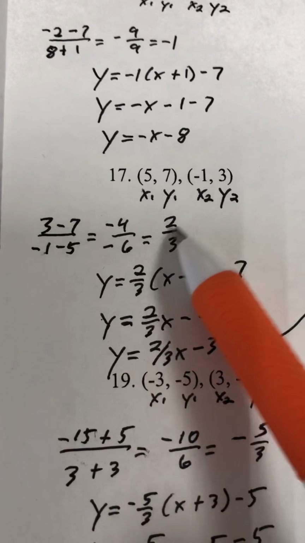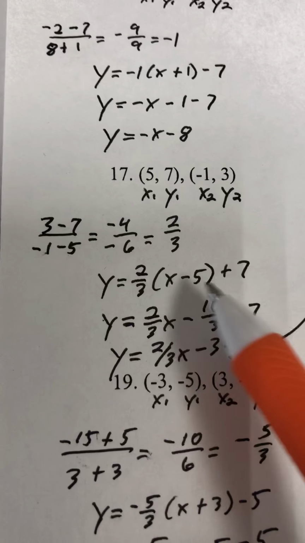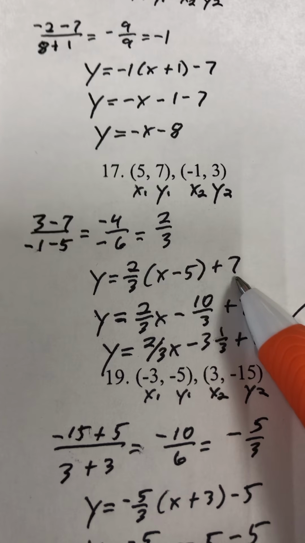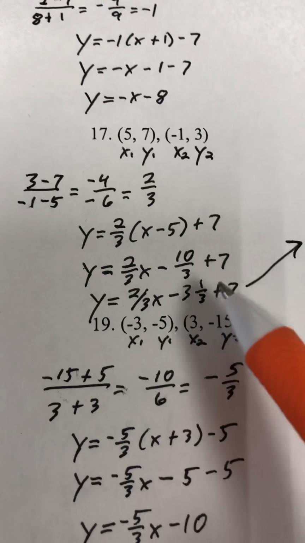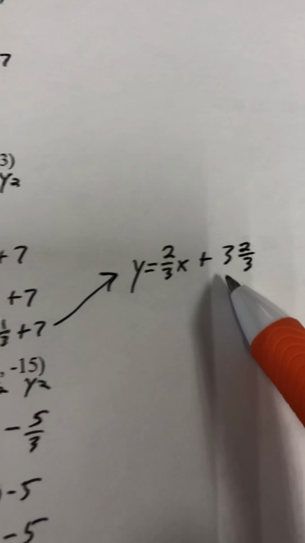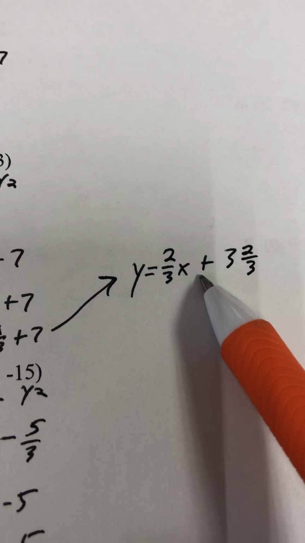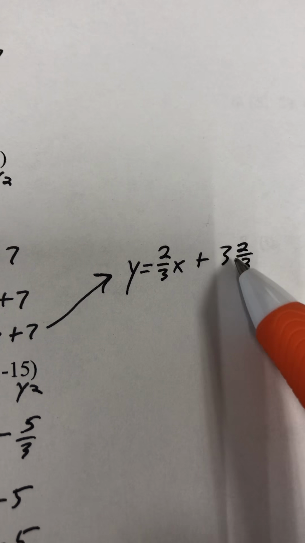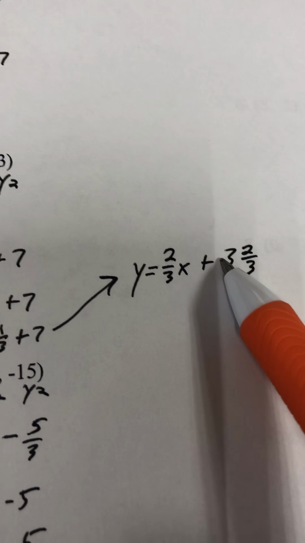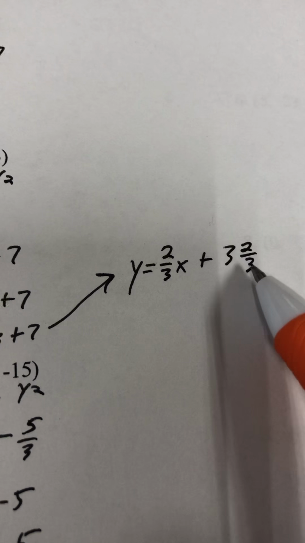Use your slope formula. Slope should be 2/3. Plug in your x1. Plug in your y1. Work it out. This one's pretty ugly too. A lot of fractions. You should end up with y equals 2/3 x plus 3 and 2/3. You could have 11 over 3 if you wish.